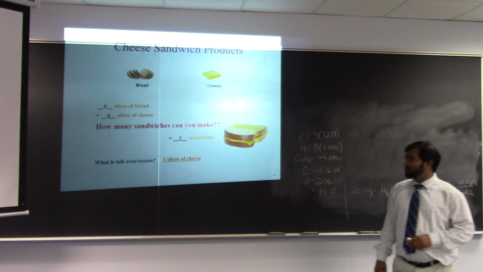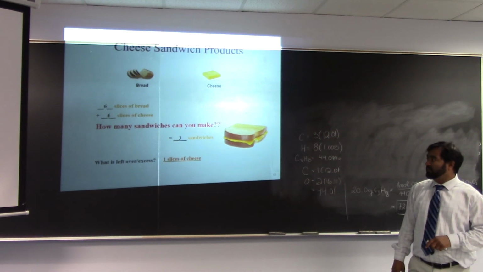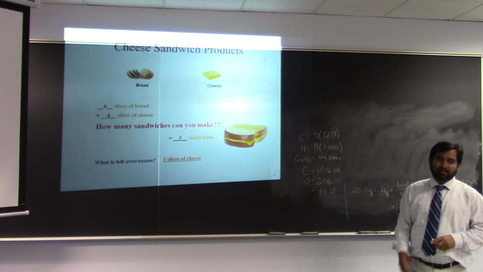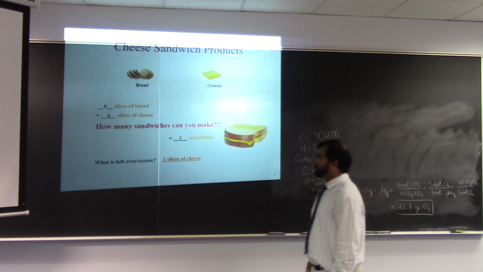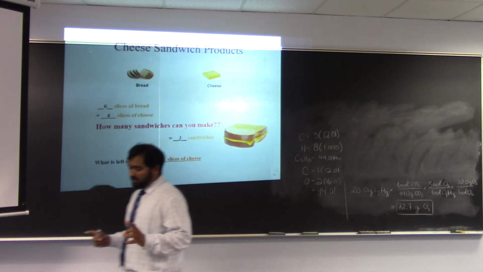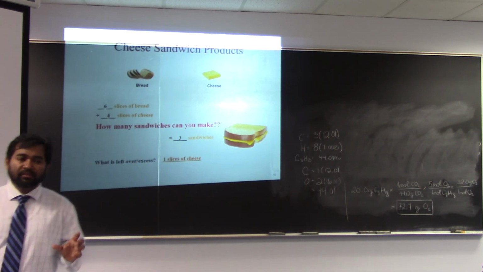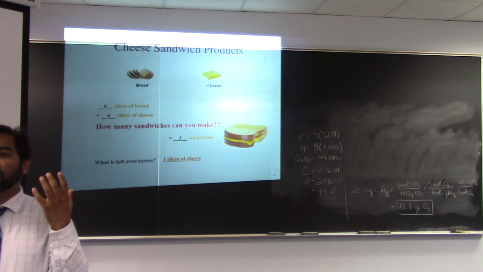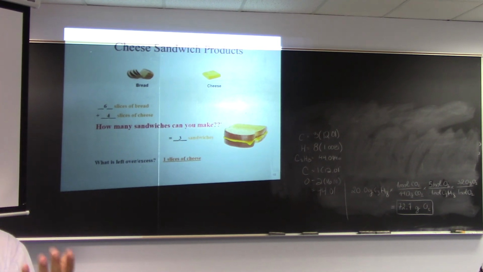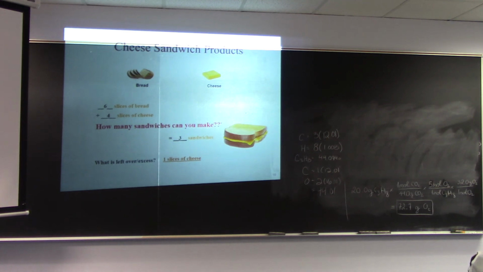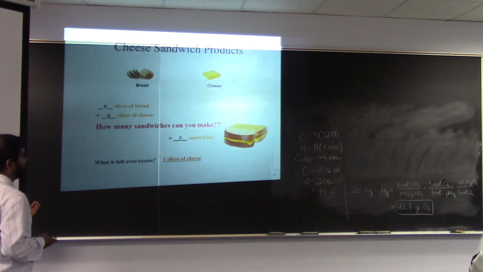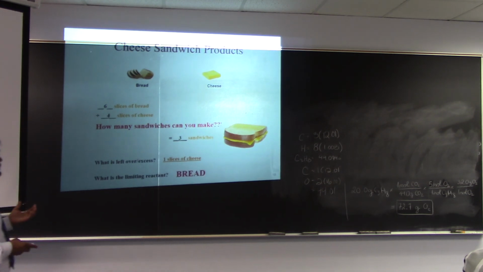So the leftover will be cheese. That means in a chemical reaction, you have to see what stoichiometric ratio they are reacting in. Then you decide which one is limiting after calculating their moles in the reaction.